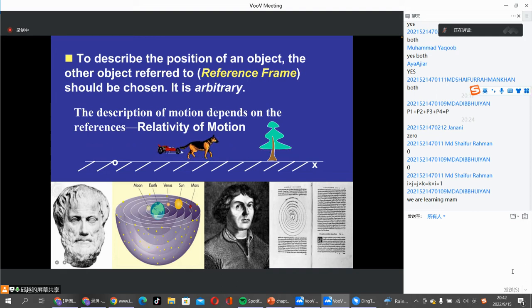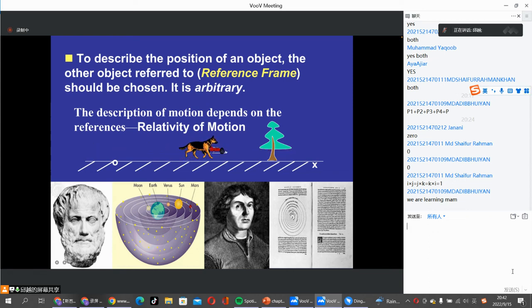But if we choose the car as a frame of reference, how can we describe the motion of the dog?